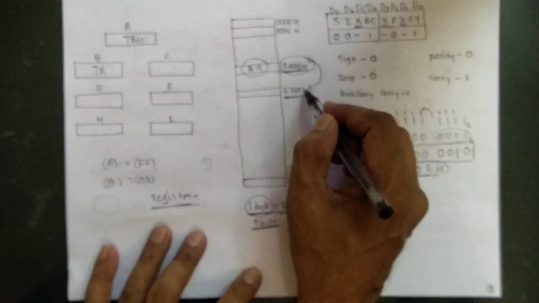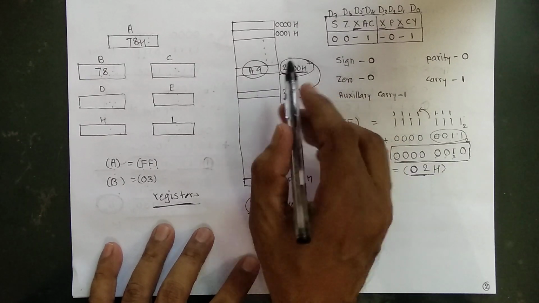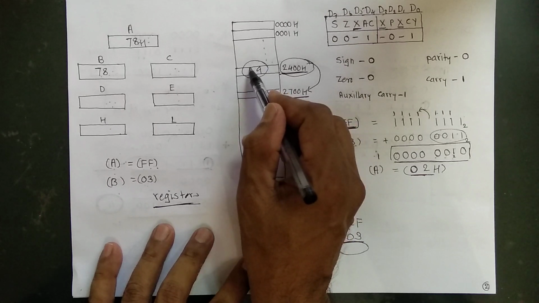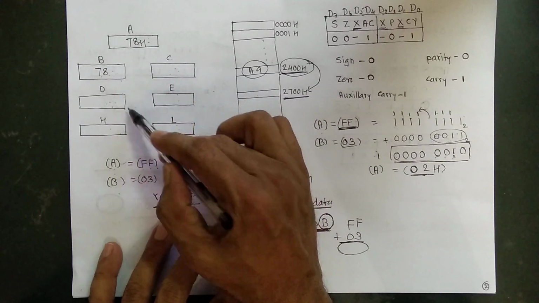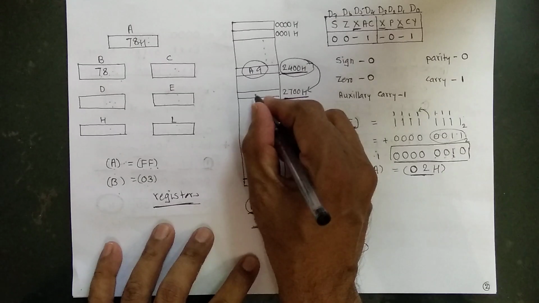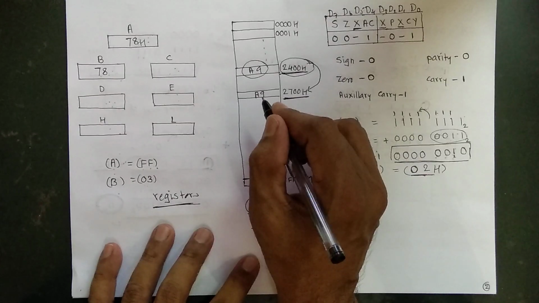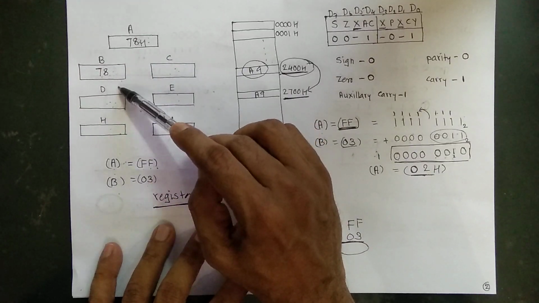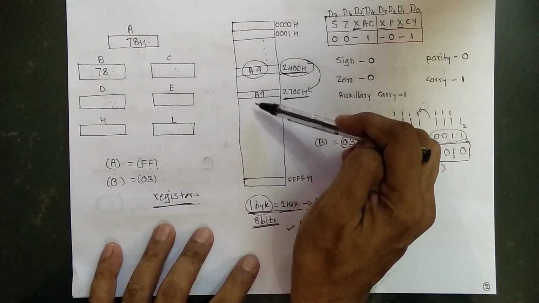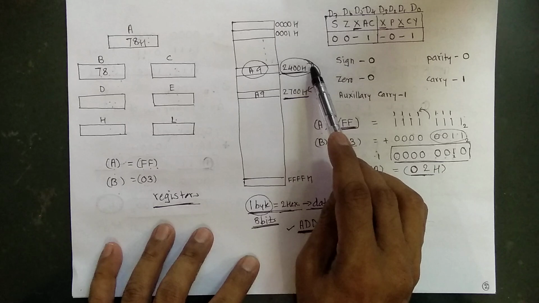For that purpose, first you have to transfer the number from the memory location to any one of the general purpose registers, and from that general purpose register to the desired memory location. That means transfer from register to register, register to memory, and memory to register is possible, but directly from memory to memory is not possible.